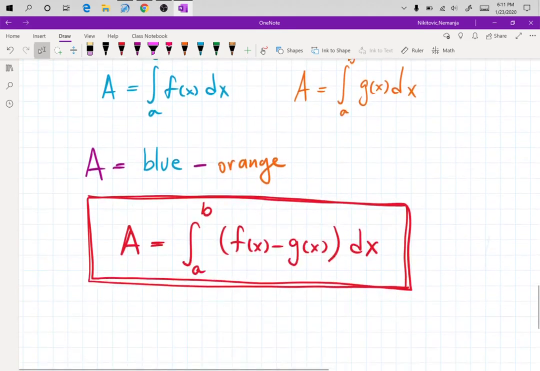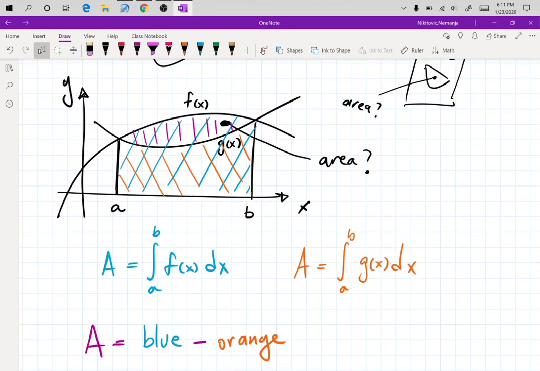Because do you see that in this part of the picture, g is on top and f is on the bottom? So it's not always that f is on top. We cannot remember f minus g. We can, but it's not going to work all the time, because f and g could swap places. And you already see that they did swap places as soon as they passed B.